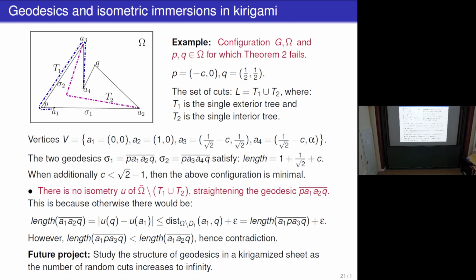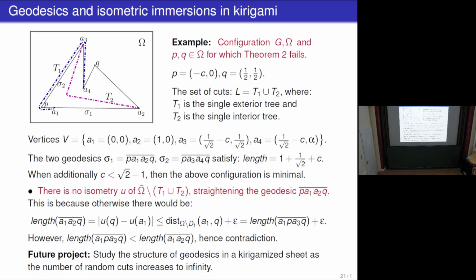Here is just an example which shows that in this statement of the theorem, it is important to have P and Q on the boundary of the domain. If they are inside, then the theorem might fail, because basically there's a configuration for which the geodesic between P and Q is such that if you rectify this one, in fact, you cannot rectify the other one.